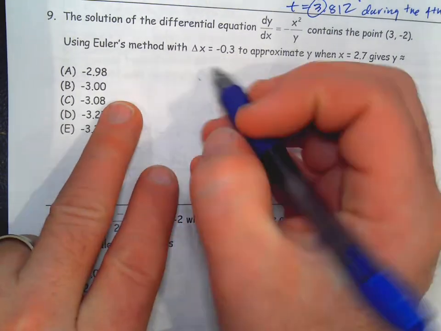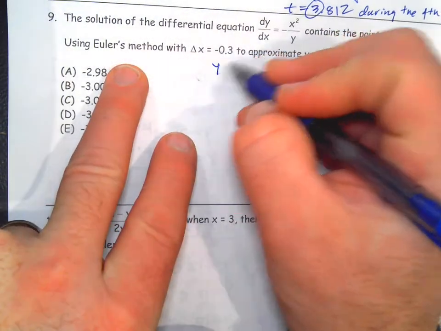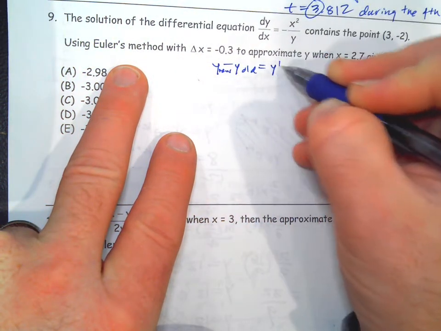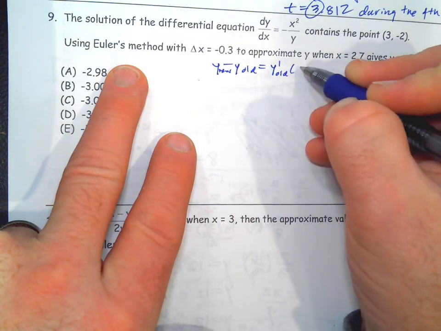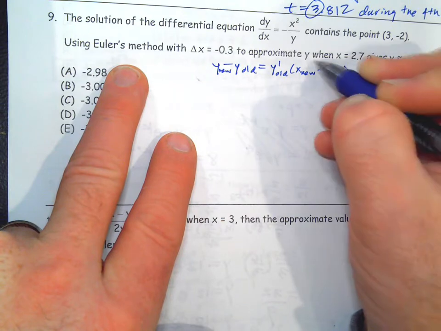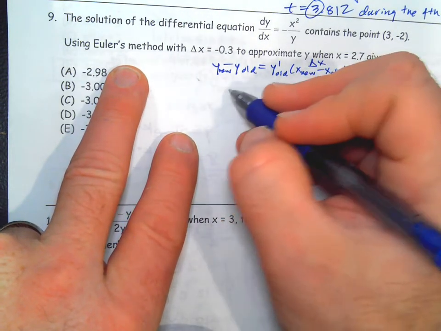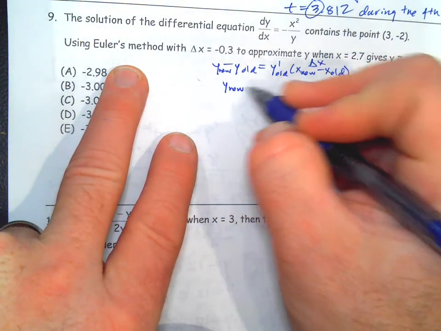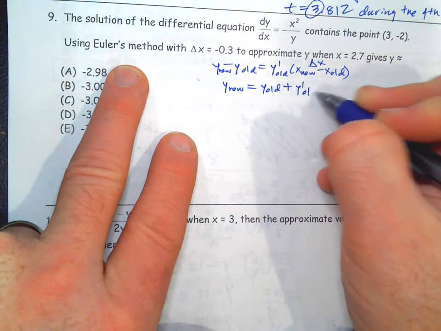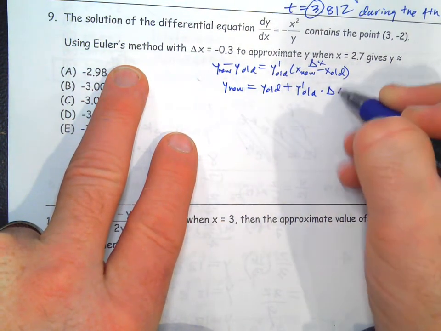Okay, solution to differential equation, Euler's method. So I'll see if I can set up a table. Y new minus y old equals y prime at old, x new minus x old. This is delta x. So y new equals y old plus y prime old delta x.